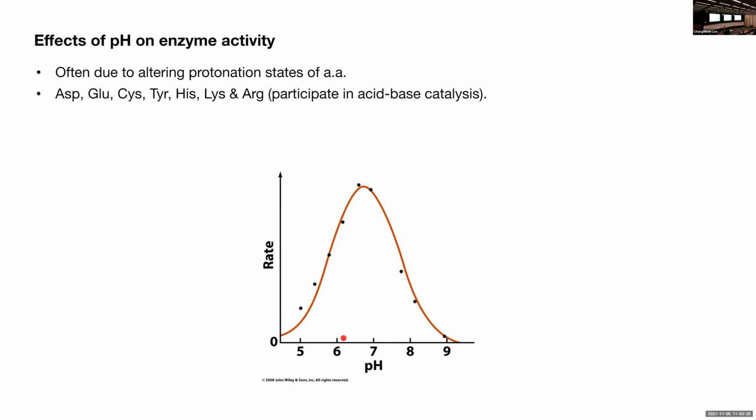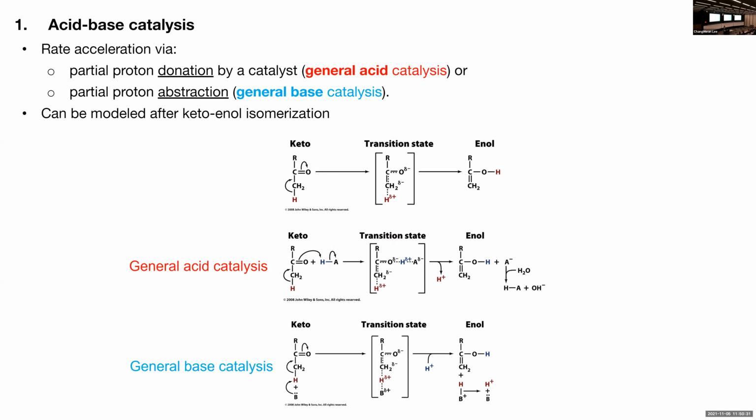Both of them are basically faster than the original reaction without enzymes. We talked about the reaction rate constant k last time, right? So it depends on the k value whether this is a faster or slower process.